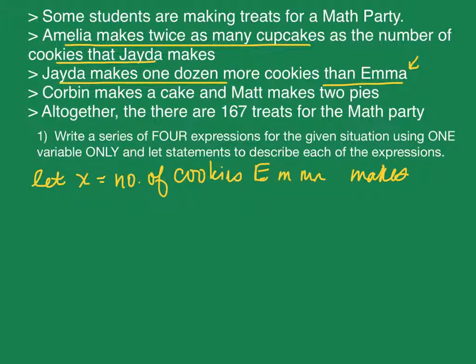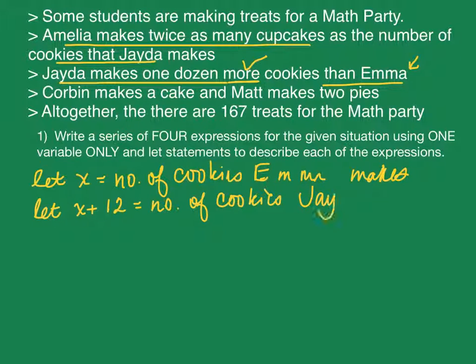So Jada makes 1 dozen more. More tells us that it's addition. 1 dozen tells us that it's 12 more. So we're going to say let 12 more than x, which would be x plus 12, equal the number of cookies that Jada makes.